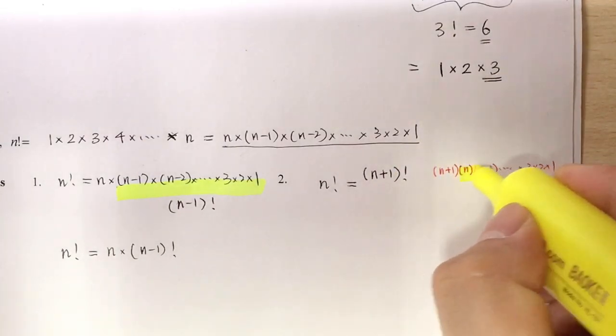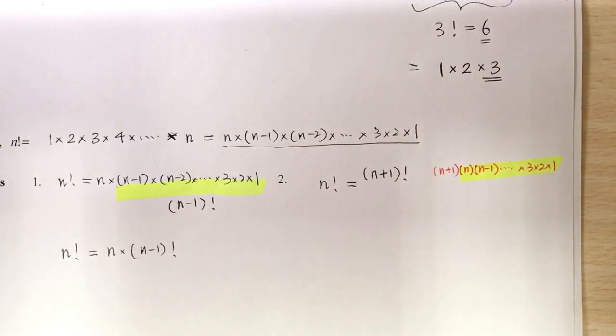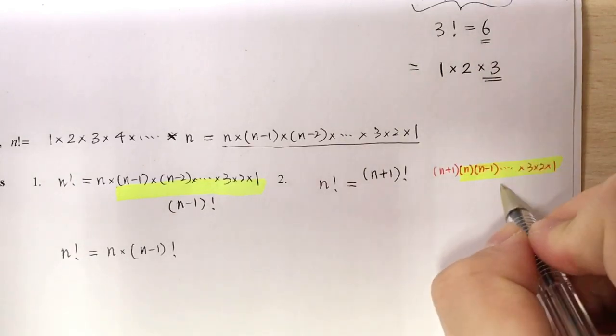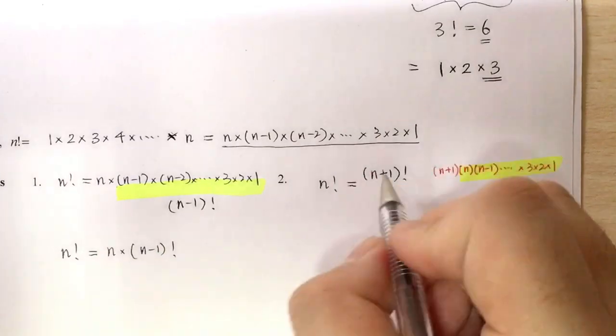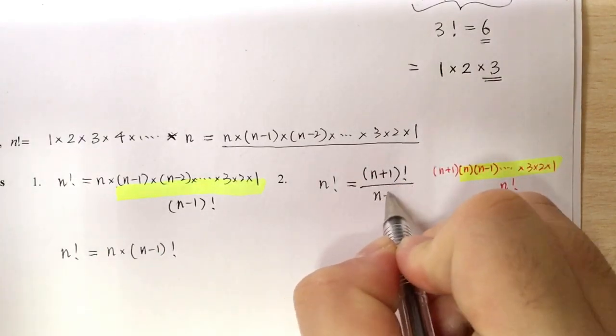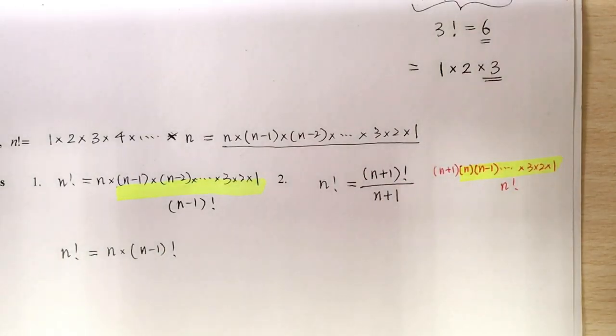Similarly, you will see starting from the second term till the end is actually n factorial. So what we need is to cancel out this n plus 1. Okay, so there are two different forms to write n factorial.